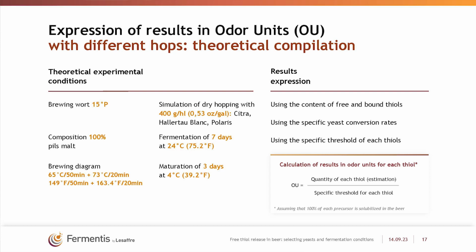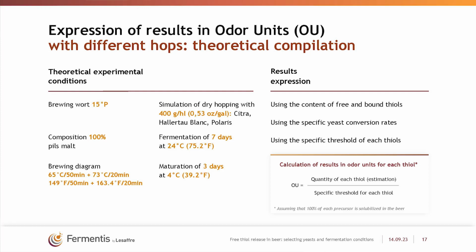And to go even further than that, we wanted to understand the effect of using different hops, because we know that different hops have different amounts of bound thiols and different amounts of free thiols, just from their genetics, from the varietal.